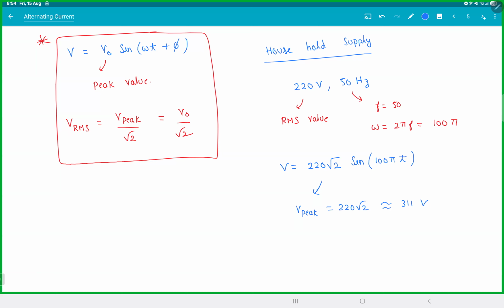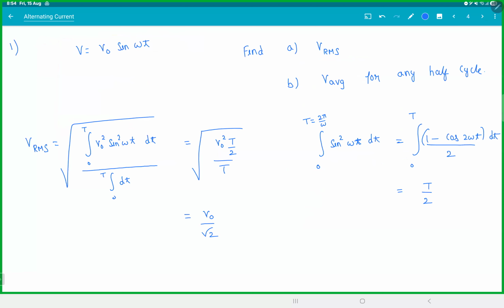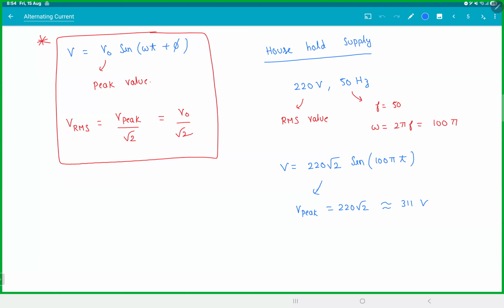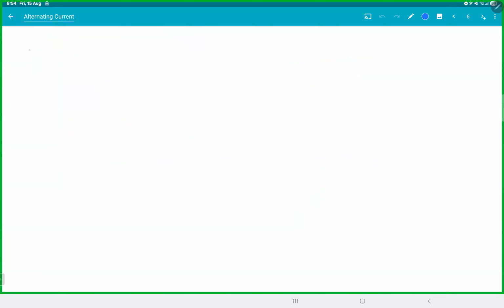Question is still not over. The second part. Right, Vihan, you got the second part. But there is a small catch. If you read the question, I said for any half cycle. So that does something. So how do you find the V average? V average is integral V dt by integral dt. You said for half cycle, so this will be 0 to T by 2, 0 to T by 2.